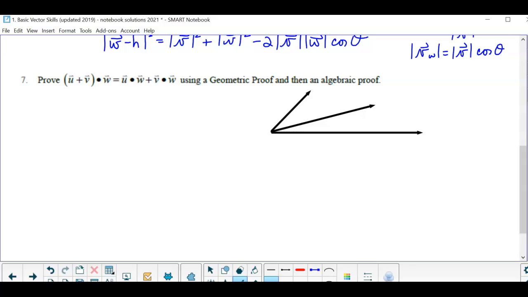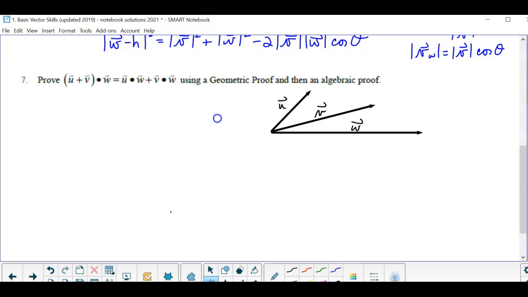I'm just doing 3 different size ones, different directions, just to make it a little bit easier to distinguish. So we have to use U, V, and W. We're not told that U is a unit vector, so we have to assume that it's not. And some definitions of the angles in between.